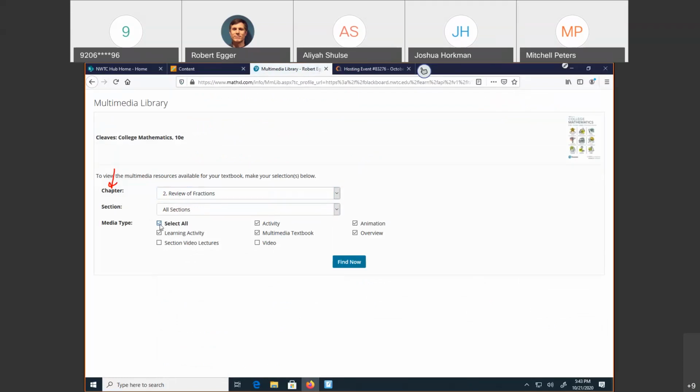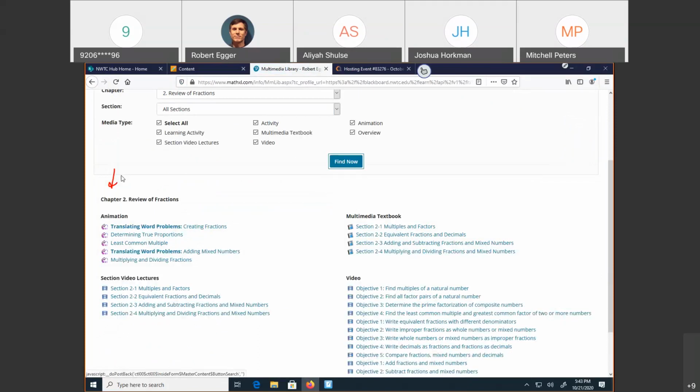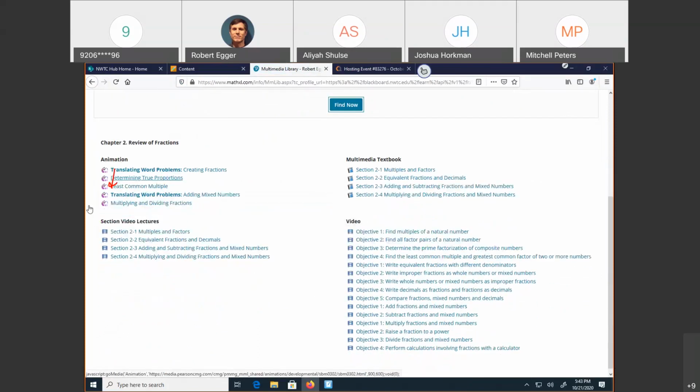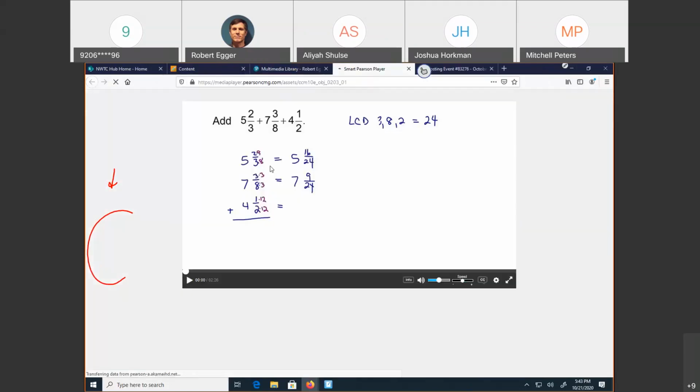All sections, select all, find now. And what you have is a lot of resources. You have lecture videos. So if you have a question on how to do something, it will take you to a video that works example problems.